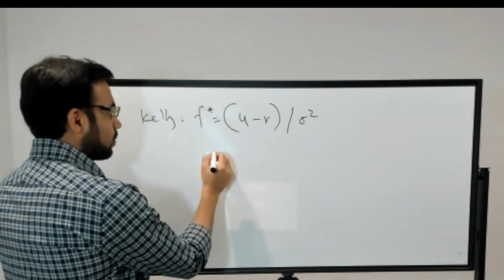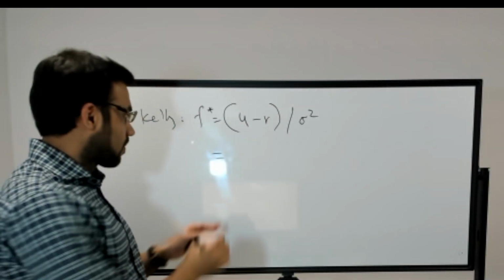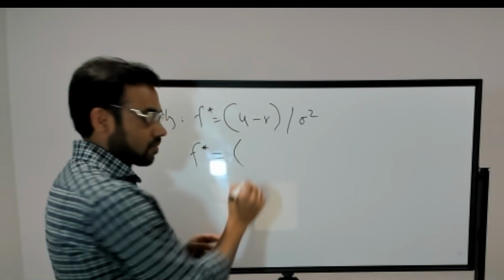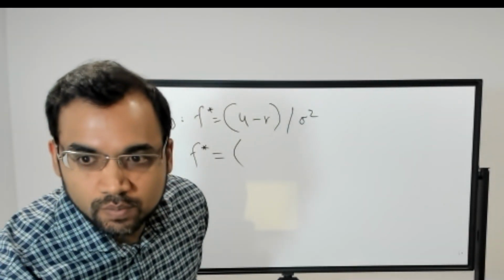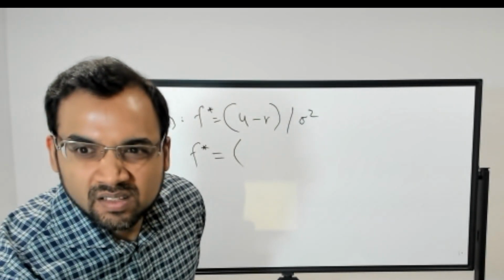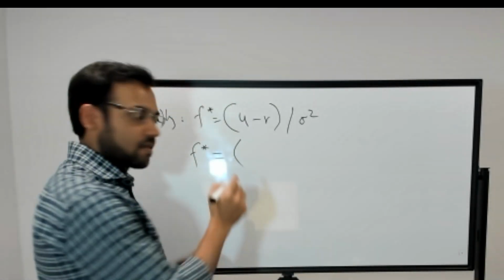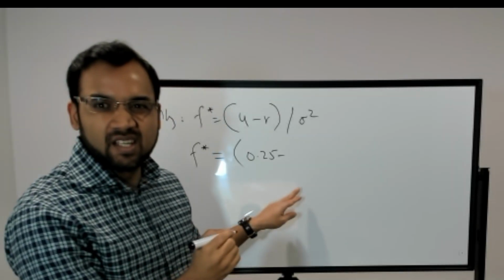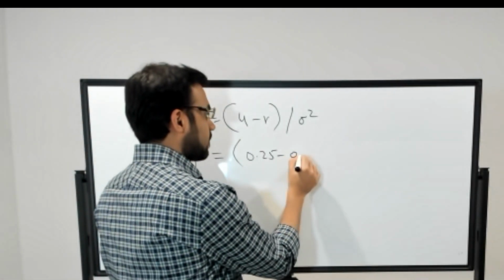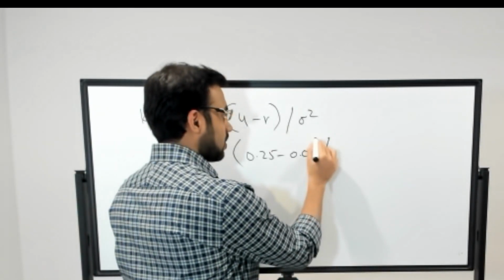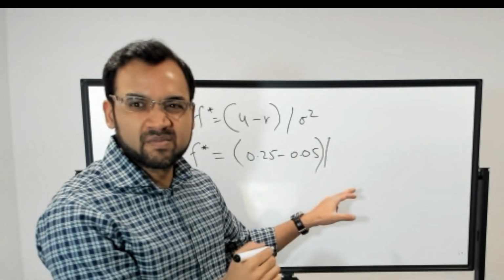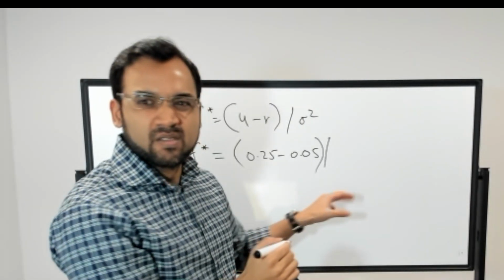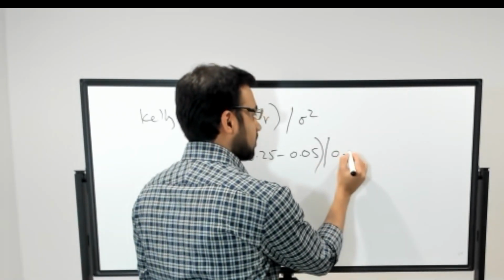And so we just put the values in for the matrix, which would be 0.25 minus the R, which was 0.05, over 0.09.